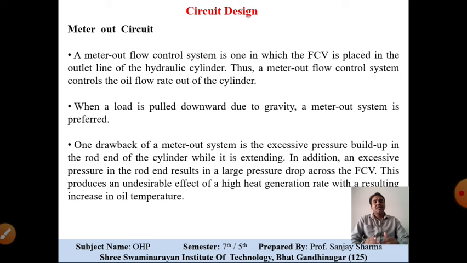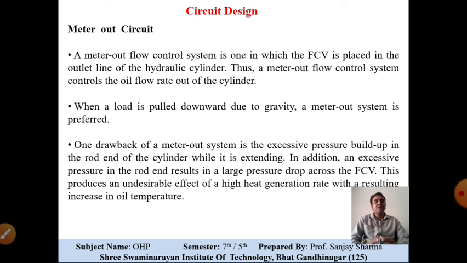Meter in has the flow control valve between the inlet and the direction control valve, and in the meter out circuit the flow control valve is placed between port B, that is the inlet of the retracting, and the direction control valve.